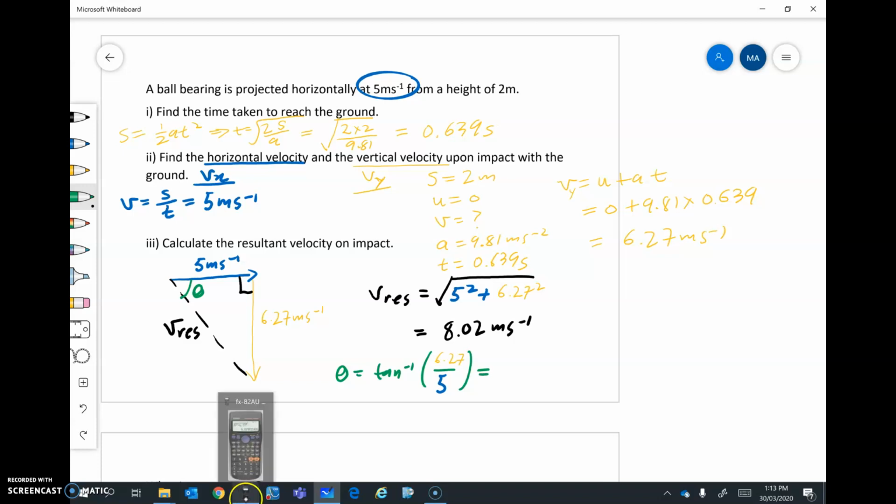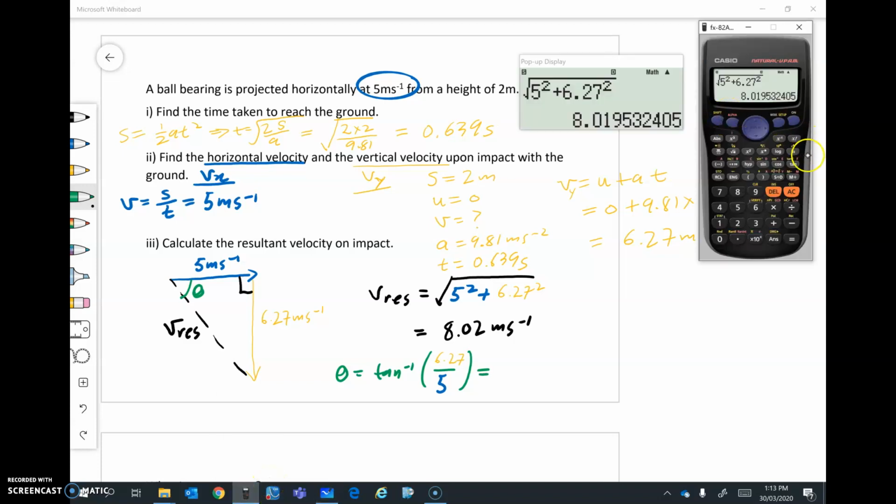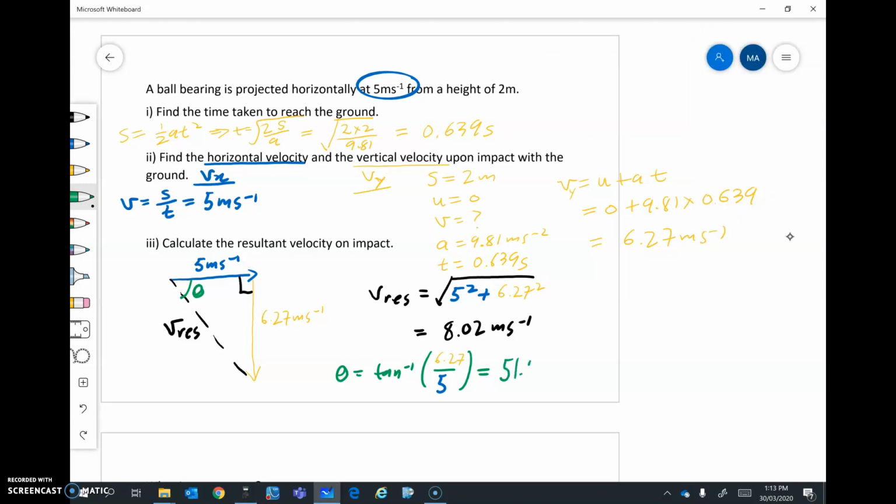Which gives us 51.4 degrees. So it's at 8.02 meters per second, 51.4 degrees below horizontal.